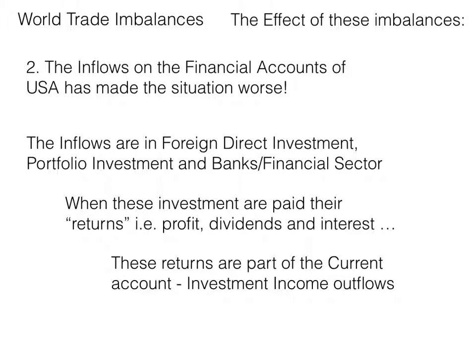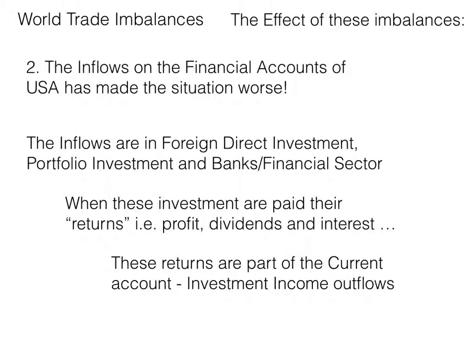But the problem is that those returns are part of the current account in the investment income outflows. In other words, although the actual investment is on the financial account, let's say £10 billion comes in, year after that, let's say a 10% return is made, £1 billion is paid out onto the current account.